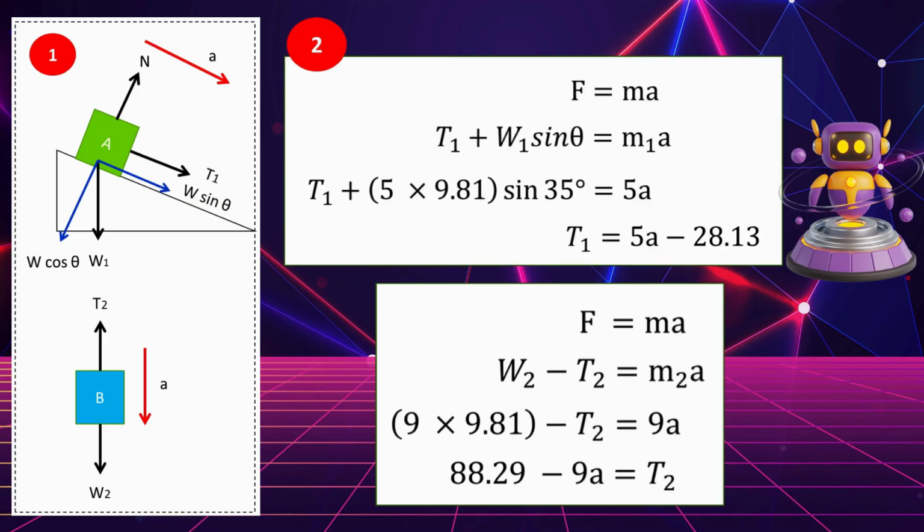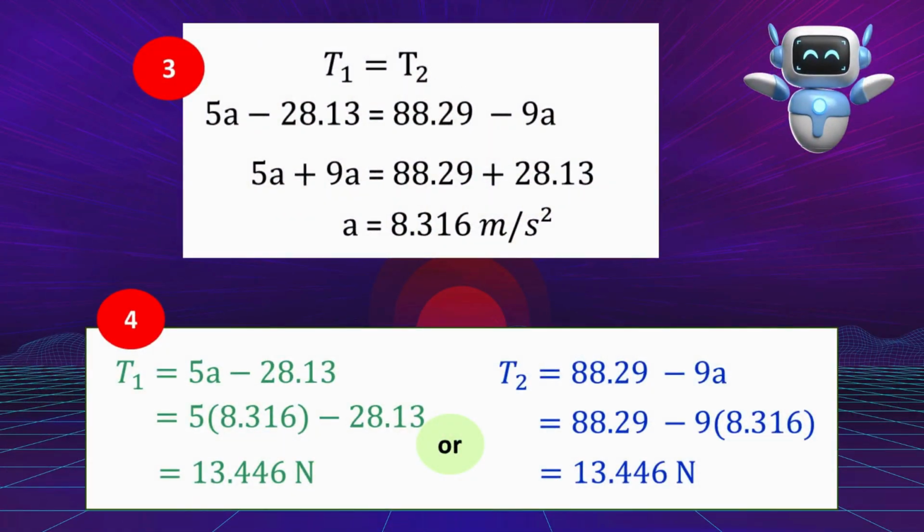Apply F equals ma along the direction of motion for both blocks. Solve the equations to obtain the acceleration of the system. Then substitute the acceleration value to calculate the tension in the rope. Both methods shown give the same tension value, confirming the correct solution.